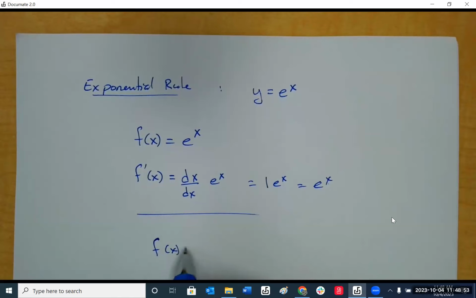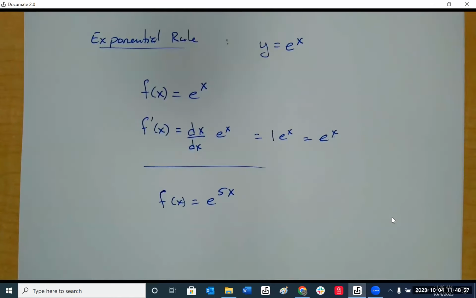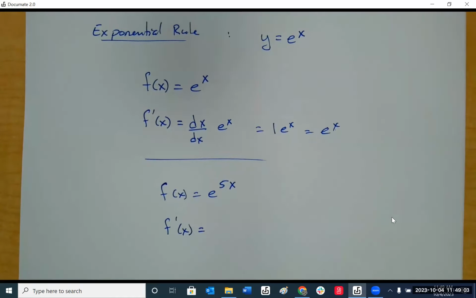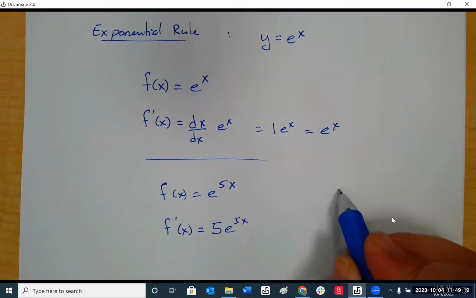The derivative of e to the 5x is 5 e to the 5x, right? That's why e's are easy, because now I can expand the rule for you.